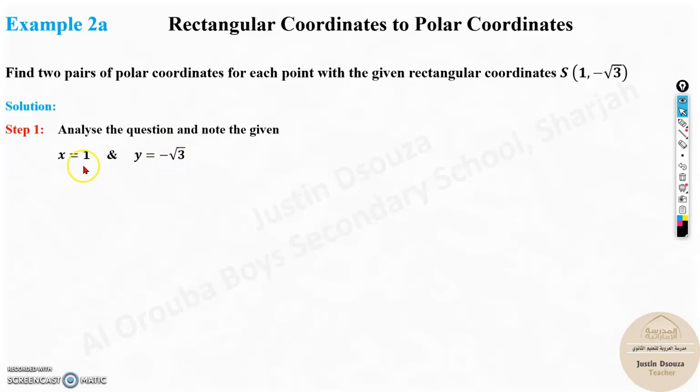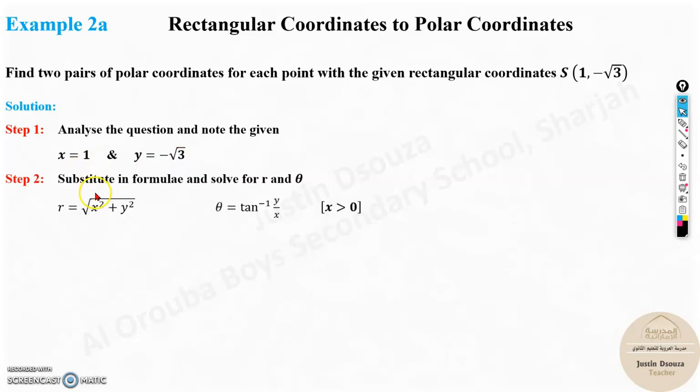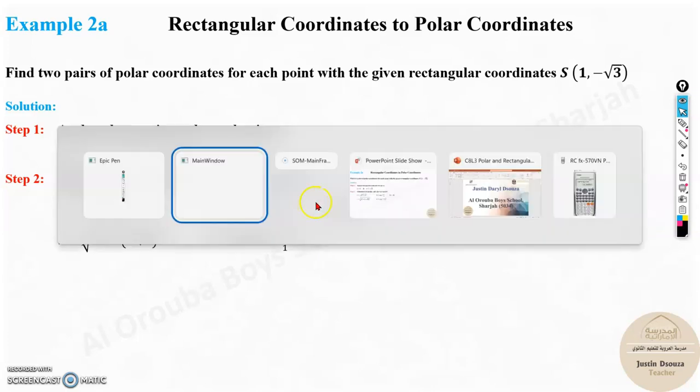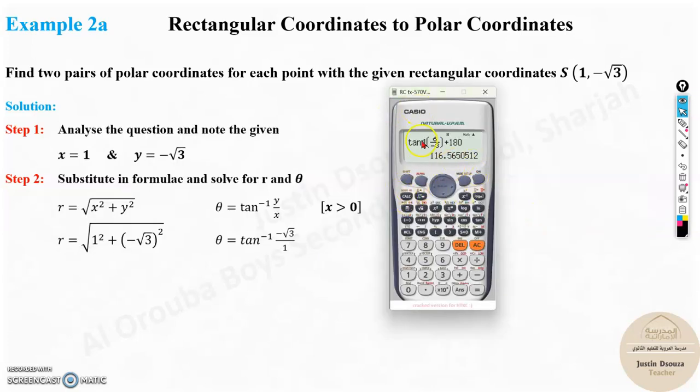Then see the x value. X value is positive, so it's fine. Use the simple formulas. It is r is root of x squared plus y squared and theta is tan inverse y by x. All you need to do is substitute over here and solve. So look over here, x is greater than 0, so it's just this much. Don't add 180.